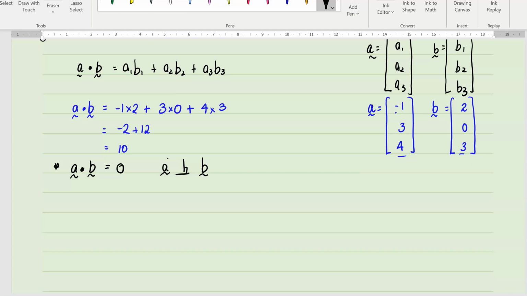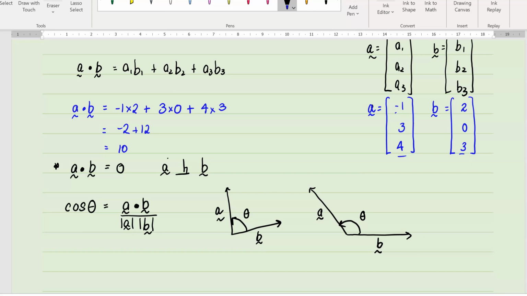Okay, so that's a property that you want to make sure that you write down. Now, the other place where we find the dot product useful is in determining the angle between two vectors. And again, it's really nice that the formula that we used for the 2D is the same for the 3D. So we've got cos theta equals the dot product, or the scalar product, of A and B all over the length of A and the length of B. Now, this is the angle that we're going to find between our two vectors, and you'll find generally that when the dot product is greater than 0, we will get an acute angle.